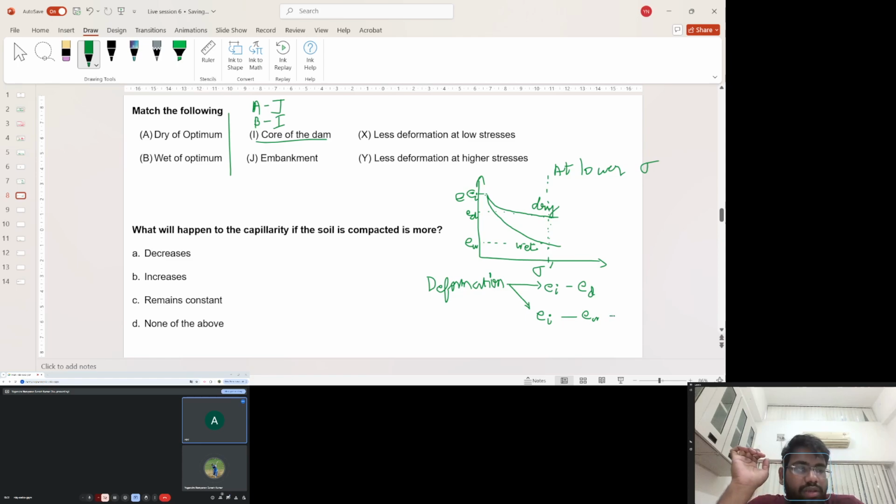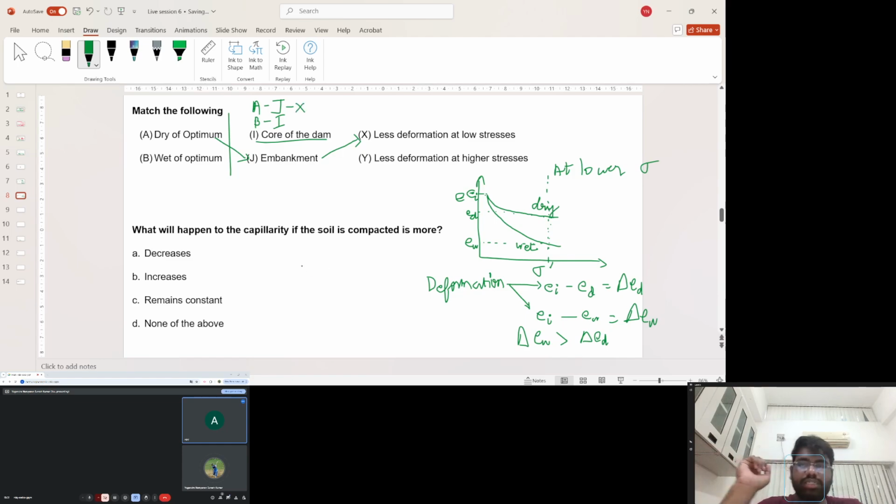This is delta E W, and this is delta E D. Delta E W is greater than delta E D, so deformation of wet of optimum is more. Now dry of optimum is preferred for embankment, with less deformation at low stresses. So the option is A, J, and X.